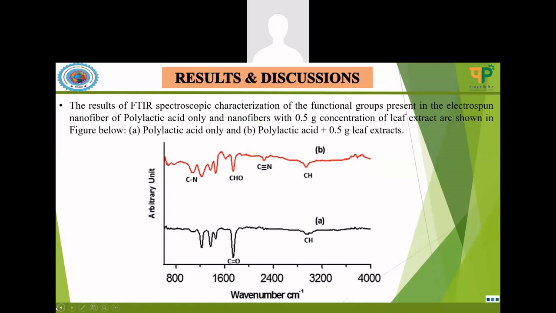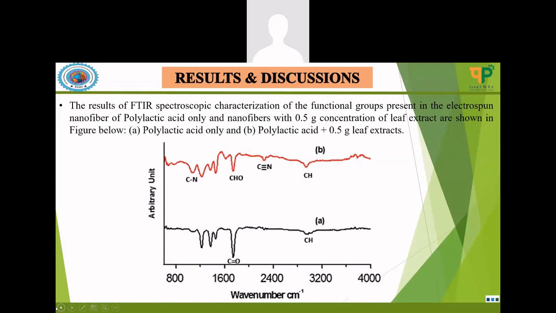Now, first will be the FTIR spectroscopic characterization of the fundamental groups present in the electrospun nanofibers of PLA only, and the leaf extract with around 0.5 gram concentration of leaf extract.